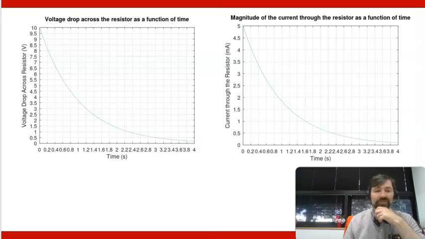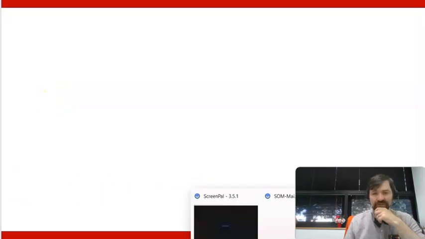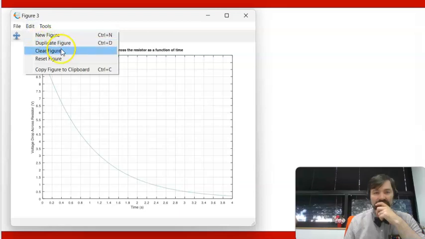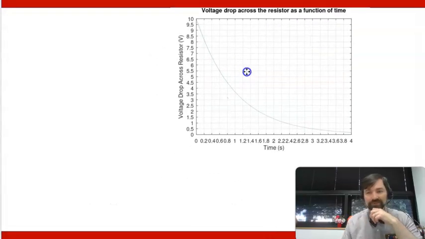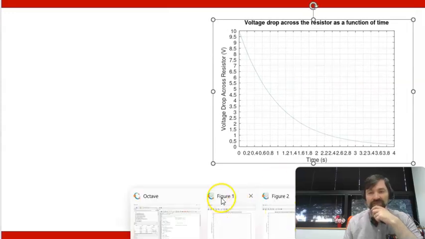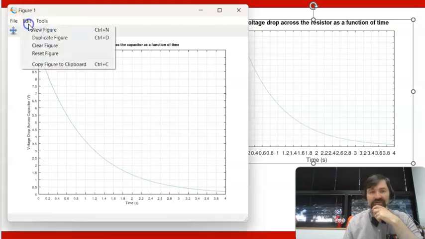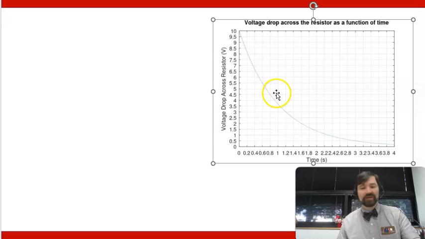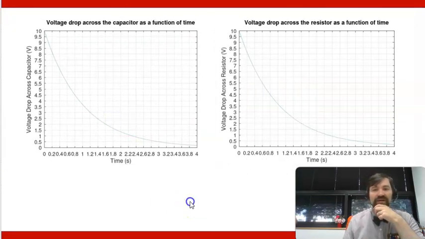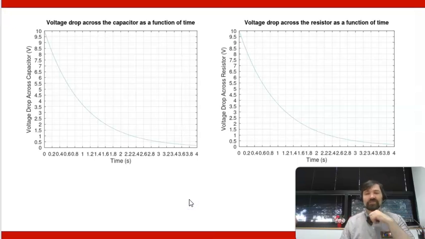And so you've got exponential decays in both cases. If you were to do a side-by-side of these two, so let's do the resistor voltage drop, and let's do the capacitor voltage drop side by side for this discharging case. And lo and behold, the two graphs are identical to each other.